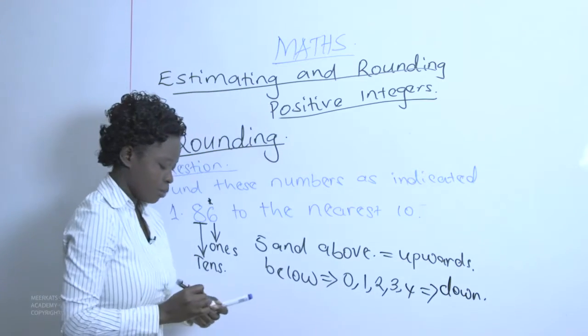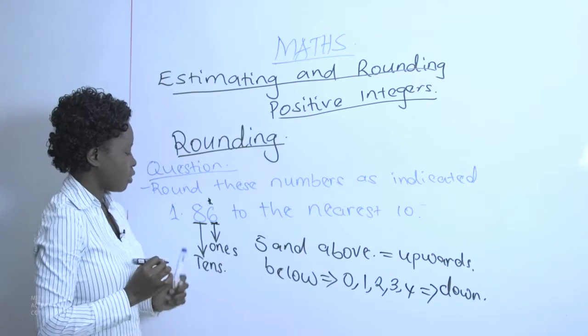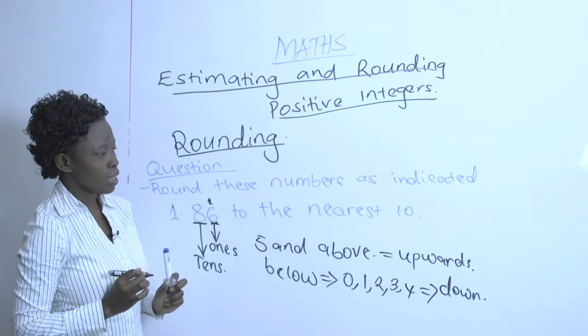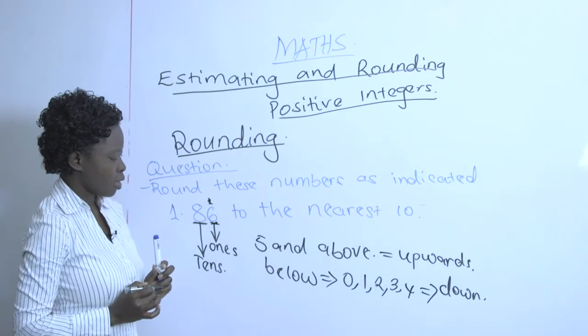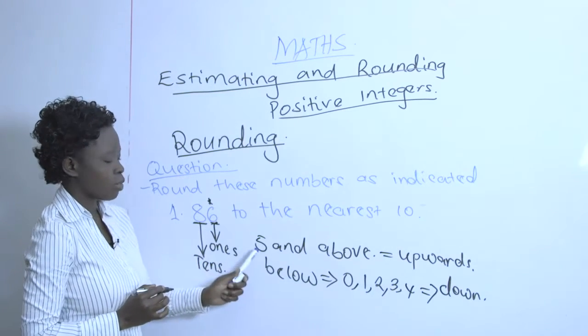So we consider the number in the ones place value because we are supposed to round it off to the nearest tens. The digit in the ones place value is 6, and 6 is a digit that is more than 5.